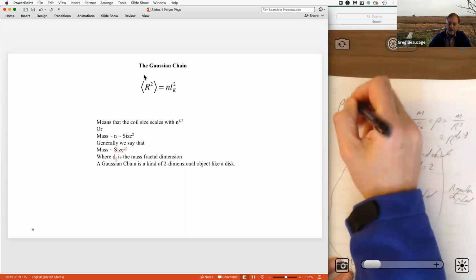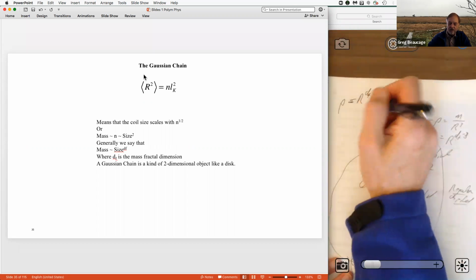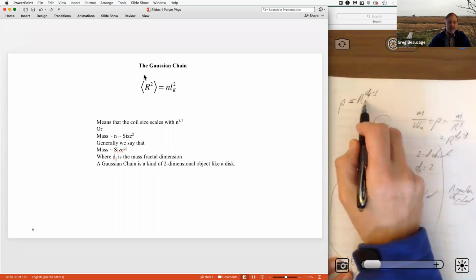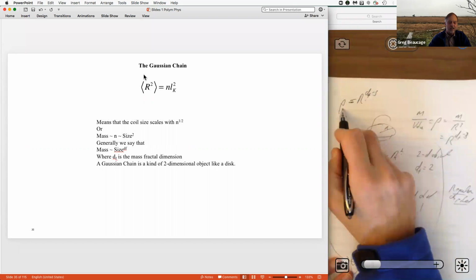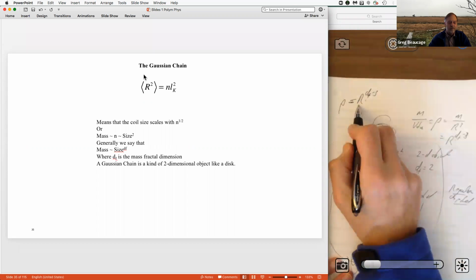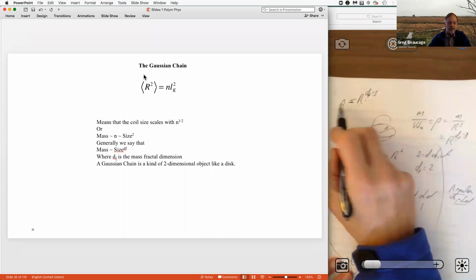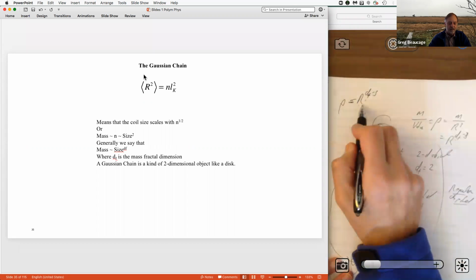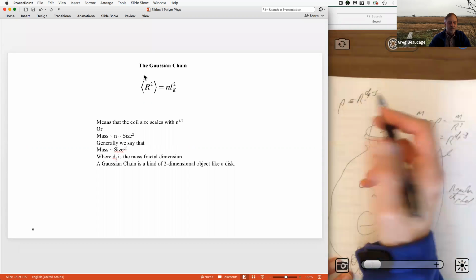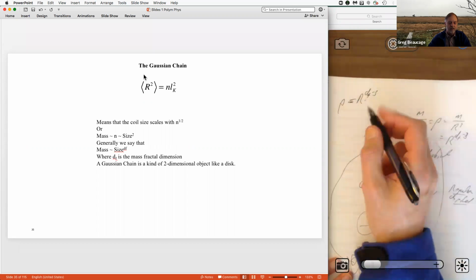Okay, so that leads to something kind of weird. If the df is 3, it means it has a fixed density in terms of size. In other words, the density of a 3D object doesn't matter how big it is. So it's invariant.